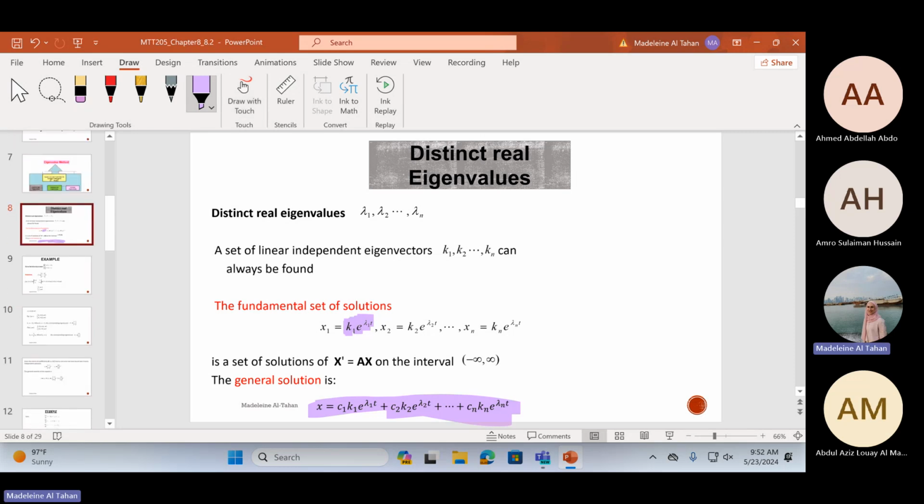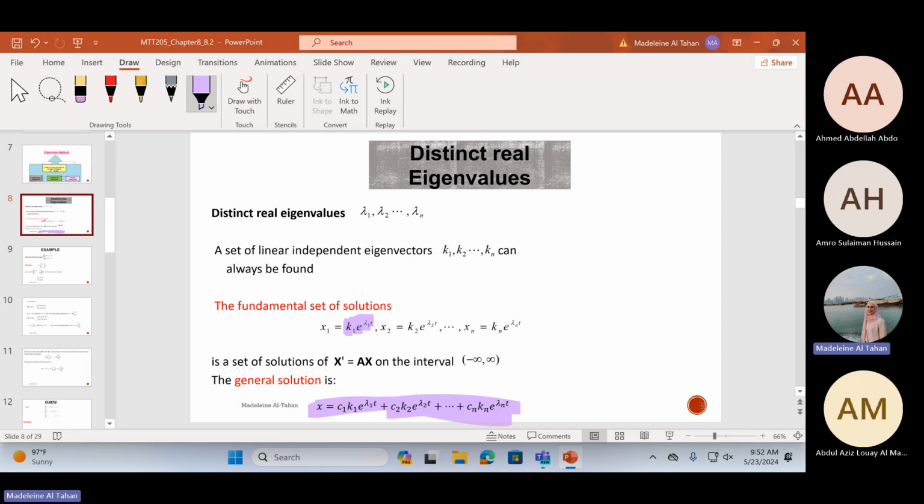Start with the 2 by 2 matrix, solve it in detail, a system of 2 equations, 2 ODEs with 2 unknowns. Then we will do a third one with 3 equations and 3 unknowns. Okay.